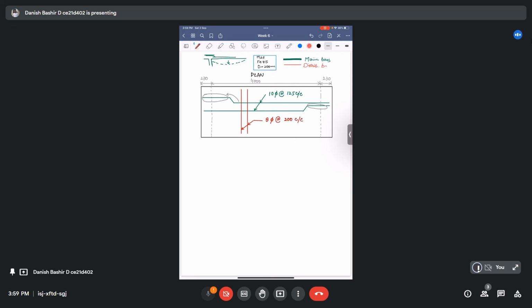Distribution bars. Okay, we have to provide this bend at a distance of, I will also write this detail as well, we have to provide this bend at a distance of 0.1 L from the face of the wall. This top bend, 0.1 L.